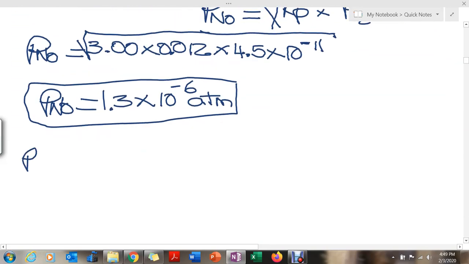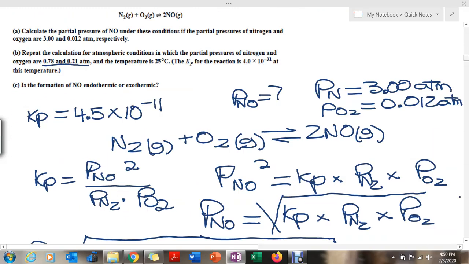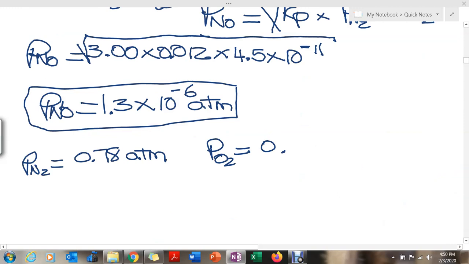The partial pressure of N2 is 0.78 atmosphere and the partial pressure of O2 would be 0.21 atmosphere.